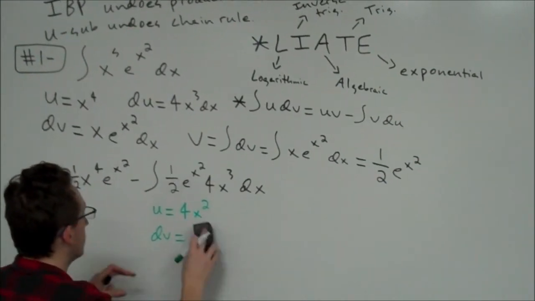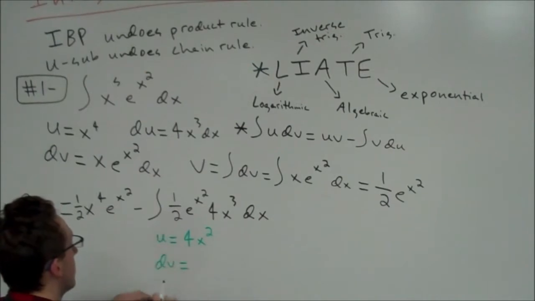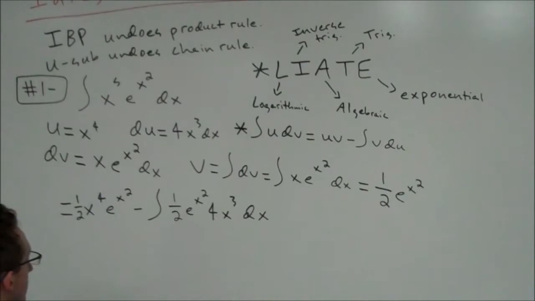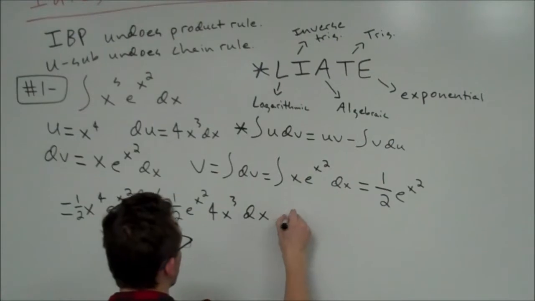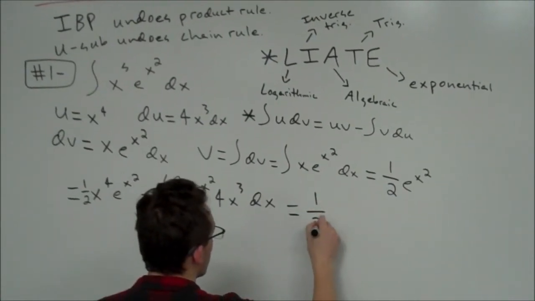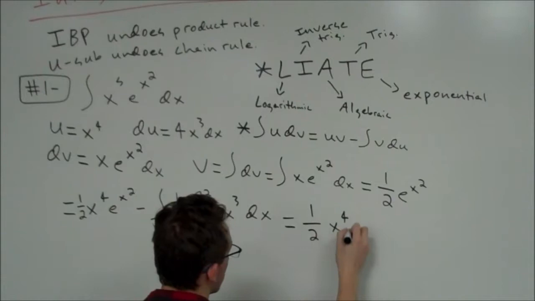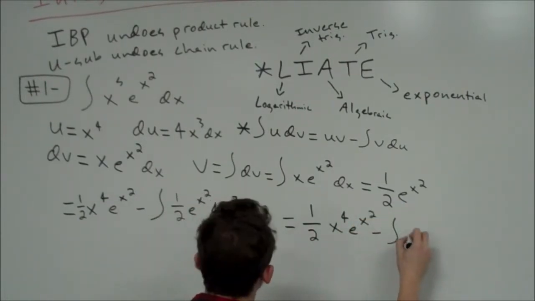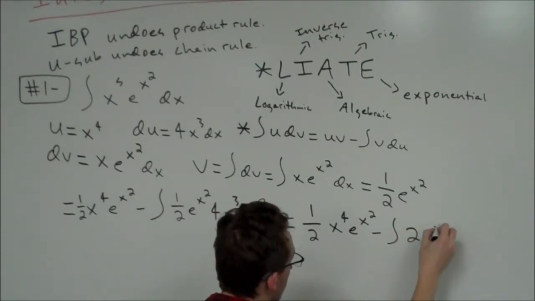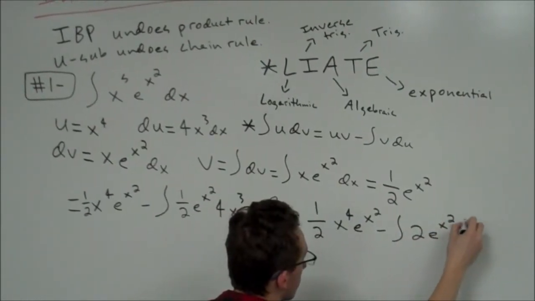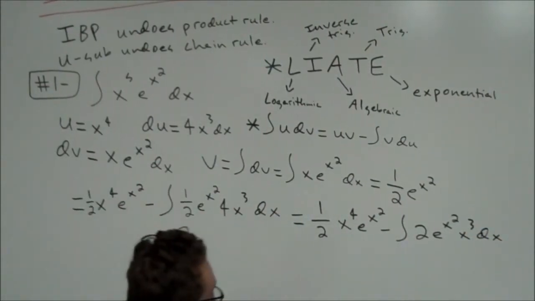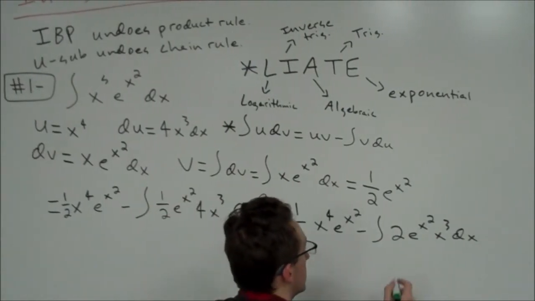And actually what we could do before we do that is simplify this. We could go ahead and turn that into a 2 because we have a 1/2 times 4. So I'm going to rewrite that real quick. And then now over here, we're going to do that similar approach that we just did in step 1.